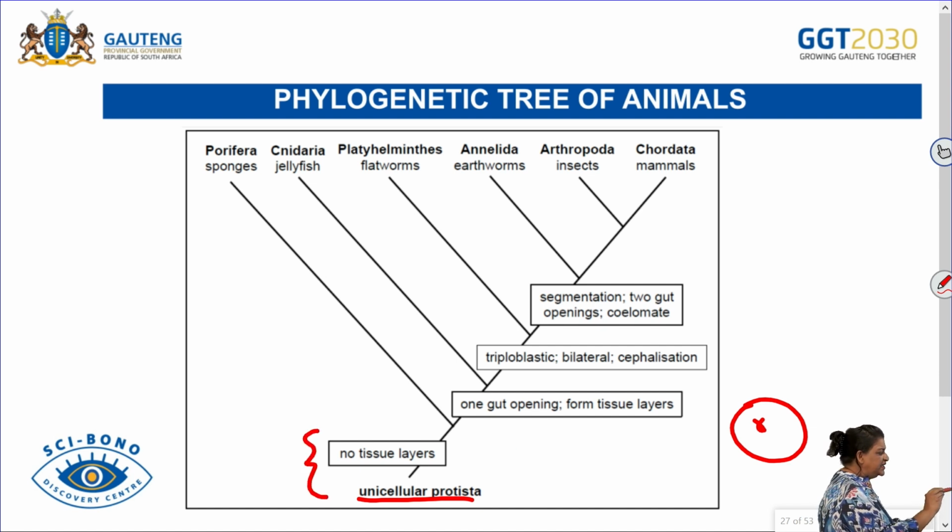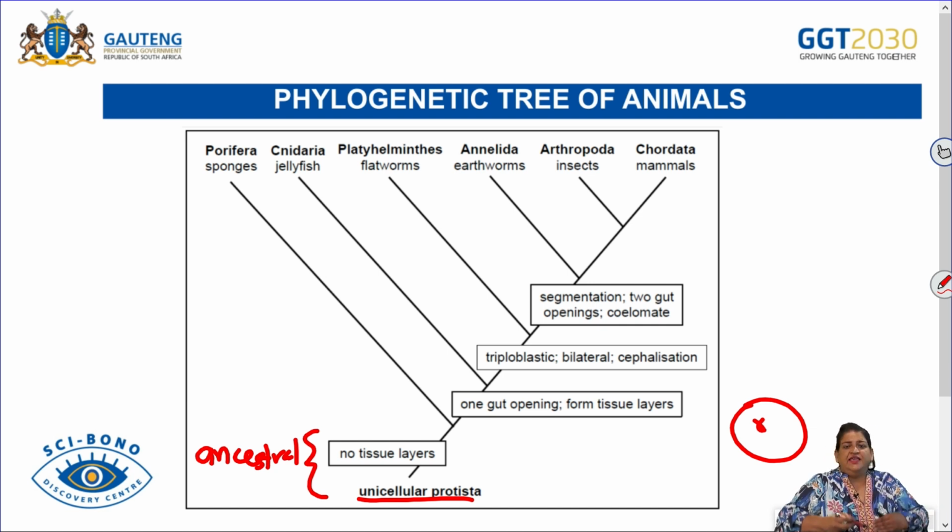So this one is basically ancestral. This organism, Protista, gave rise to more complex animals. So let's go here. This is ancestral. From there, we're slowly getting more advanced animals with one gut opening. That means one opening through which food enters and leaves. Mouth and maybe no anus. So one opening, and it forms some tissue layers.